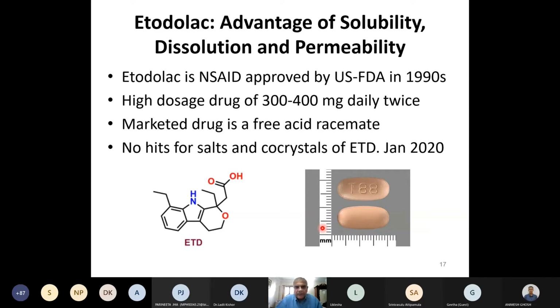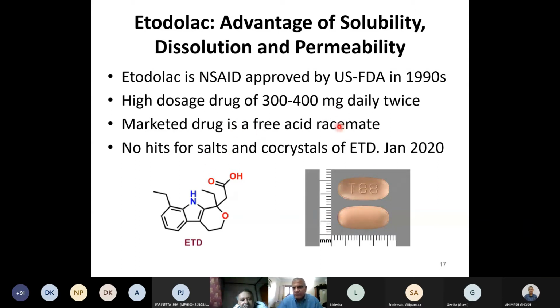The first example is etodolac, which is an NSAID drug, which we took as a model compound. The reason why we took it as a model compound is, A, it has low solubility. B, the dosage is very high. So therefore, the dosage is high because the solubility is low. And so if we can improve the solubility, as you can see, it's a huge tablet.